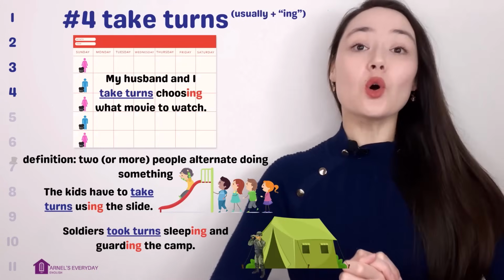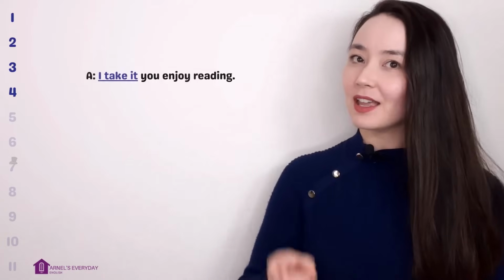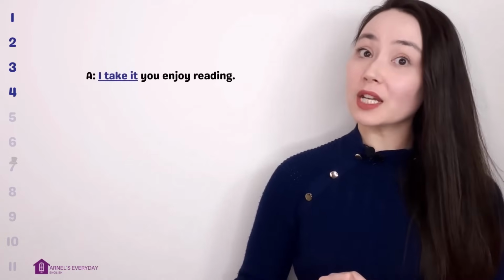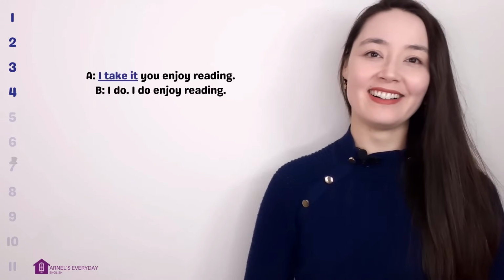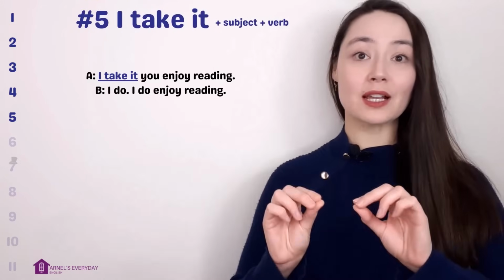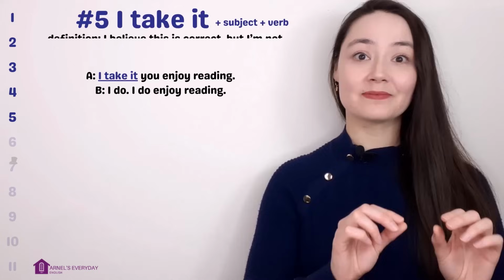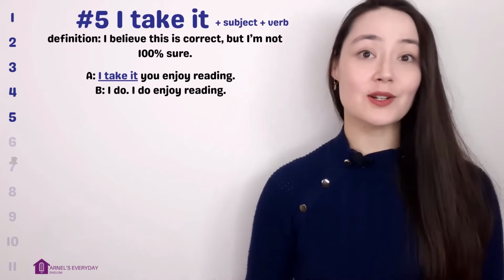Okay, I enjoyed the movie so much that I even bought the book. I'm reading it now. I take it you enjoy reading? I do. I do enjoy reading. I take it plus subject plus verb. I believe this is correct, but I'm not 100% sure.